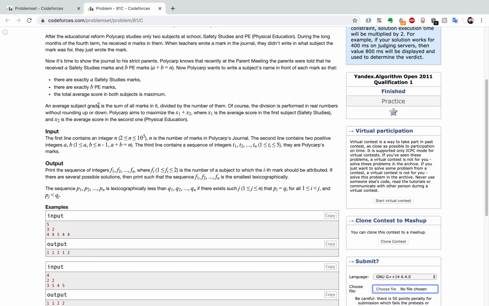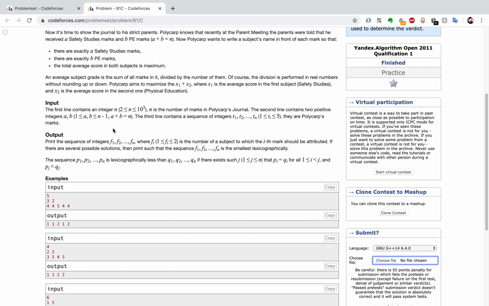An average score, without rounding up or down. We need to maximize X1 and X2, where X1 is the average score in the first set and X2 is the average score in the second. We are given some n, then some a and b such that their sum is n.